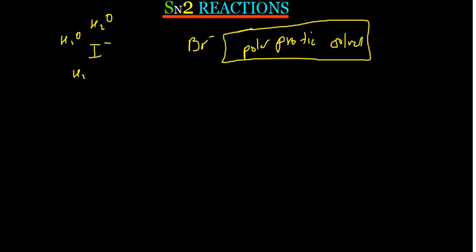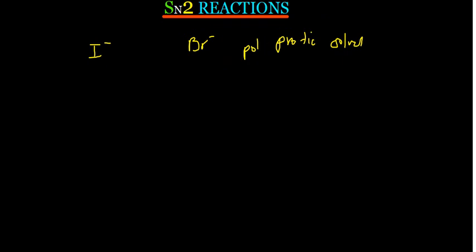But it is going to be different when we are talking about a polar aprotic solvent. So if I put A here, aprotic. In an aprotic solvent, there is no hydrogen bonding. And so, since there is no hydrogen bonding, this one is going to become a better attacking group. It can do that better.